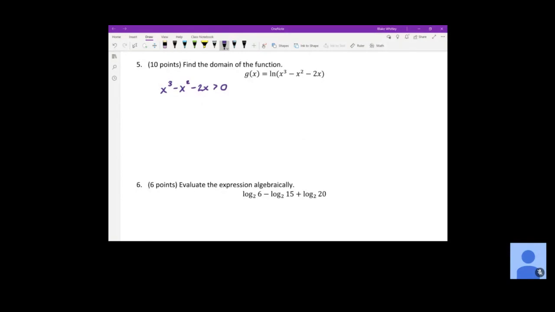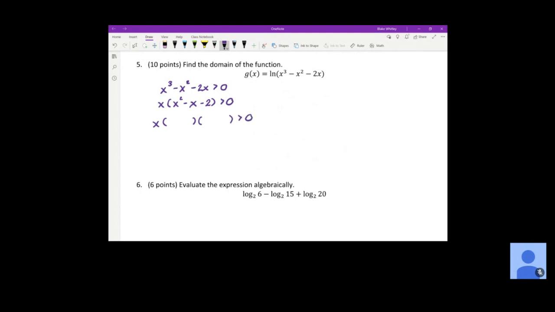Now we can factor. So how are we going to factor this? Good. So we can factor out the x because we have the common factor. That leaves us with x squared minus x minus 2. Now we look at what's left in those parentheses and see if we can factor that any further. Keep your x.